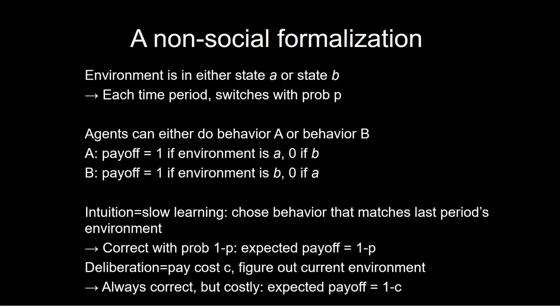So because of the time and effort and so on that is required, when you use the deliberative response, you have to pay some cost c. And so this means now that the expected payoff of intuition is 1 minus p, which is the probability that the state hasn't changed, and so just doing what worked yesterday will work again. And the payoff of deliberation is 1 minus c, which is getting it right every time, but having to pay some cost.